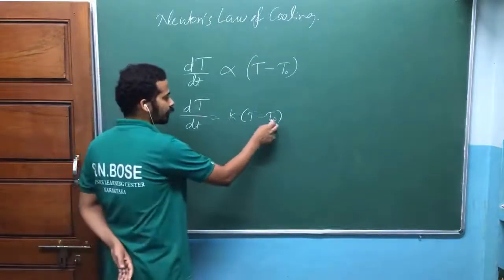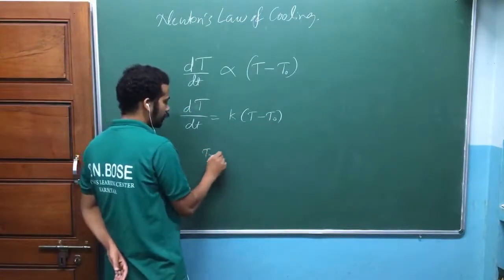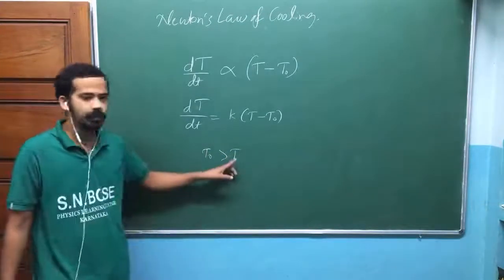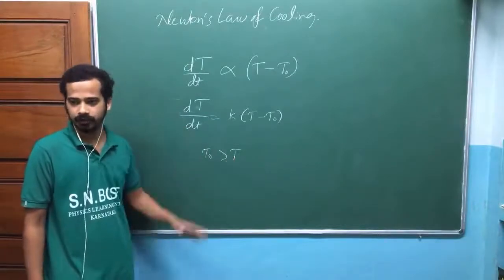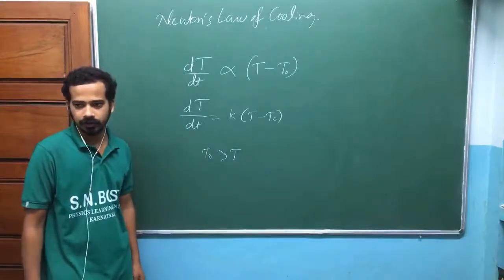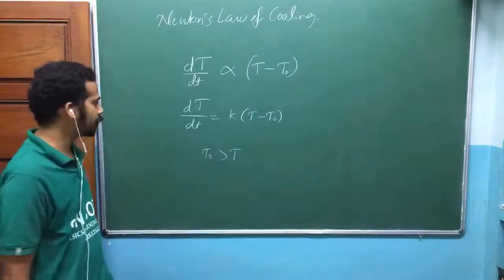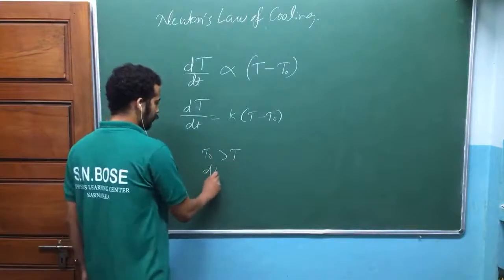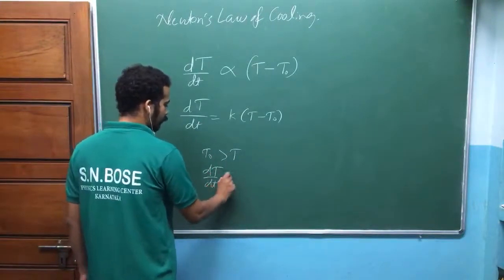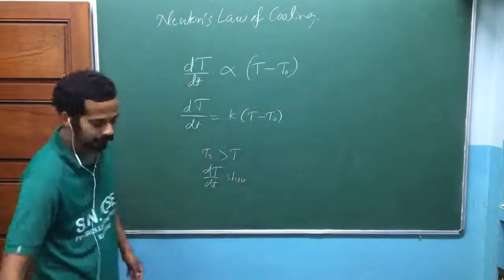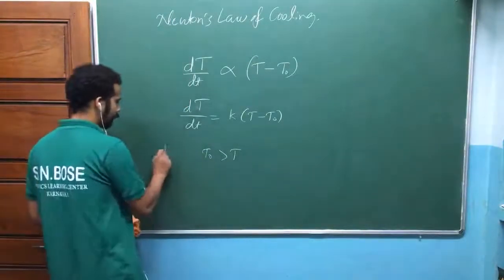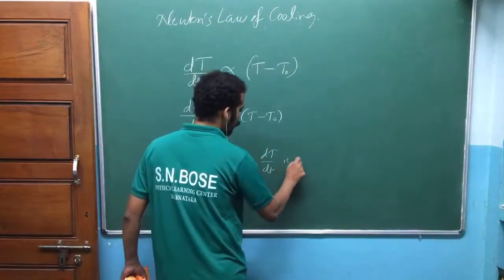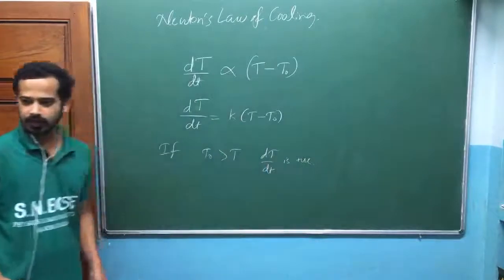If the surrounding temperature T naught is greater than T, if the surrounding temperature is higher than the body temperature, then the body temperature will increase, isn't it? So if T naught is greater than T, dT by dt is positive, because body temperature will increase.